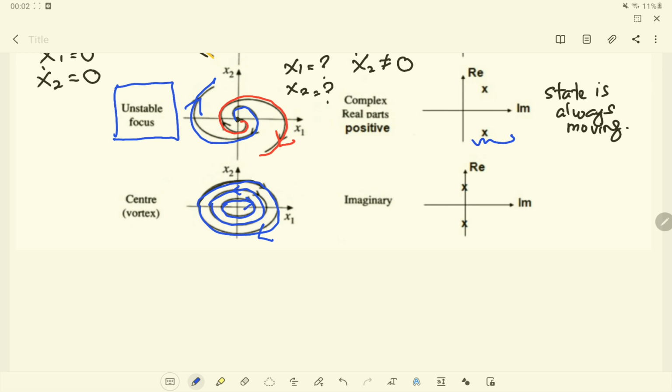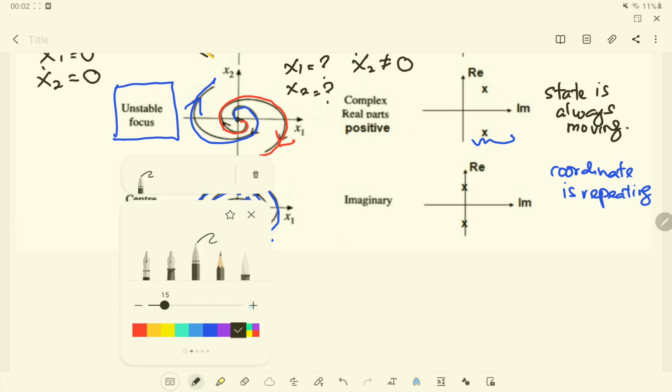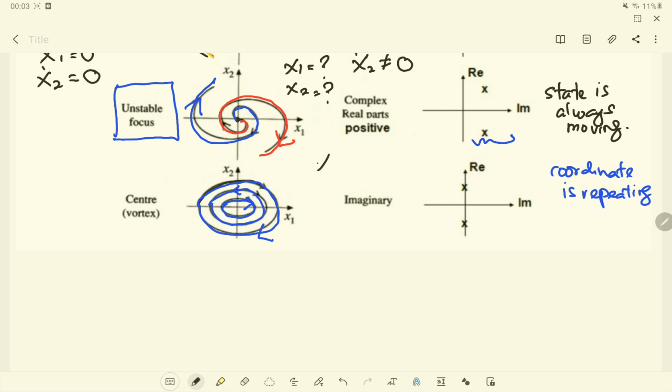But you can predict, since the coordinate is repeating, it moves in circles. The coordinate is repeating, and you can predict the value of x1 and x2.